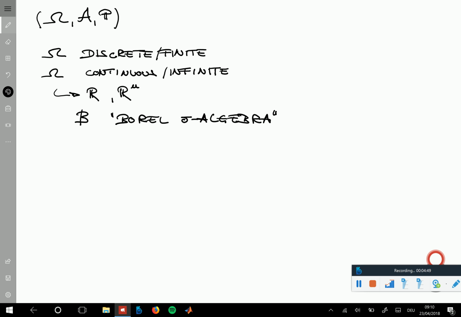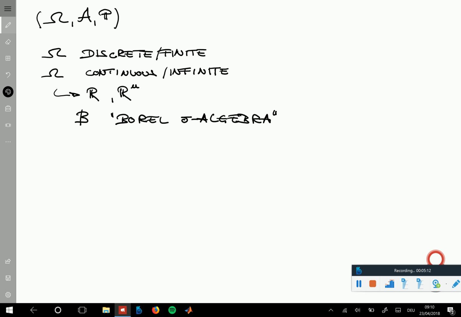You focus on something else. There might often be a Borel sigma algebra, but you will not talk about it, and so you also don't need to worry about it. So I'm just mentioning the Borel sigma algebra.